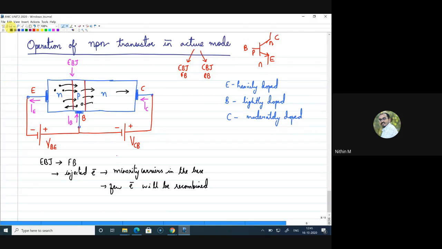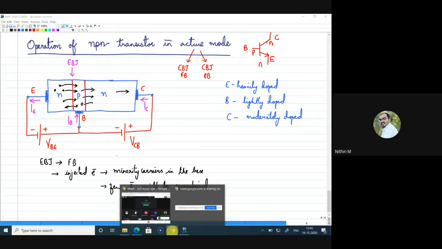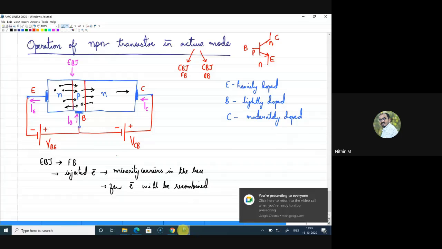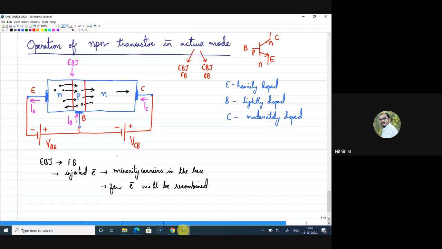So this is what is happening in an NPN transistor, and with respect to the current in an NPN device.